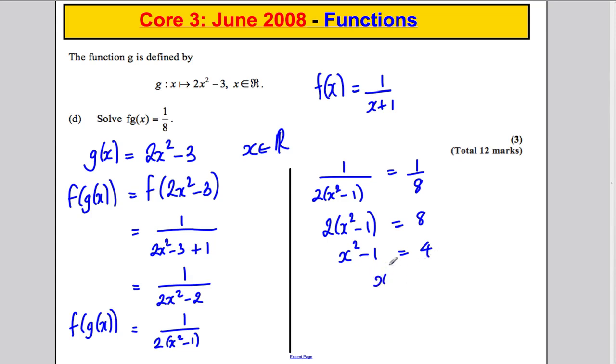We could add 1 to both sides. And then we could take the square root so that x is going to be equal to the positive square root of 5, or x is going to be the negative square root of 5. And just double checking, x can be any number, so both of these are valid.